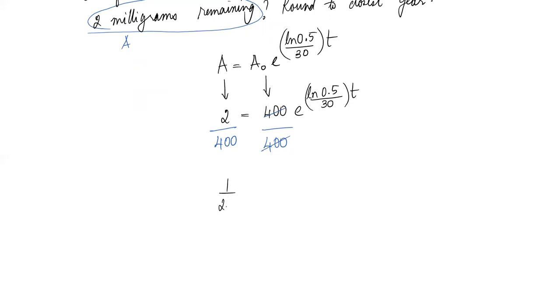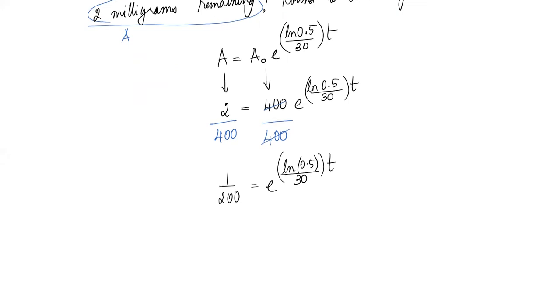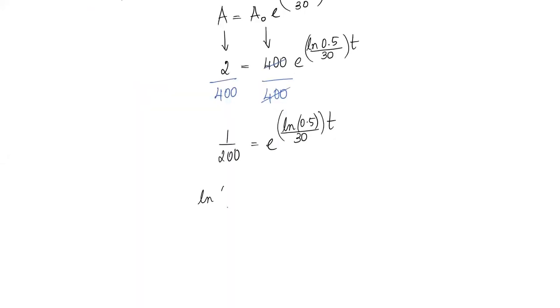So it's 1 over 200 equals e power ln 0.5 over 30 times t. All right, apply your ln. ln 1 over 200 actually would become negative ln 200, right? But remember, we are trying to use the calculator, so you don't have to calculate ahead of time. Wait till the last step, and then you could send them all to the calculator.